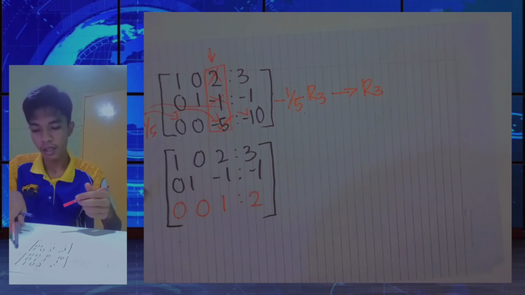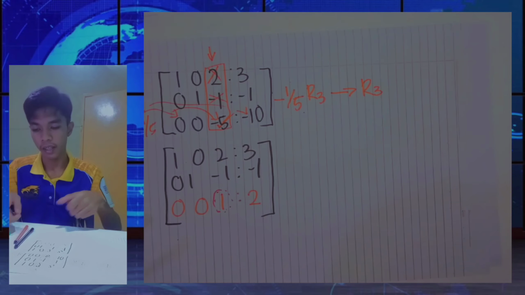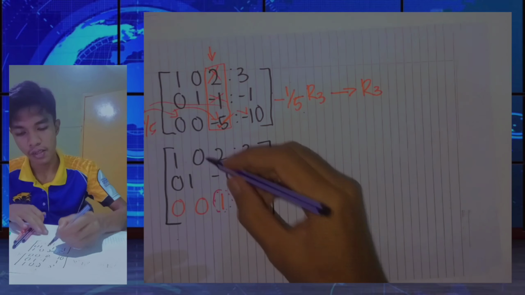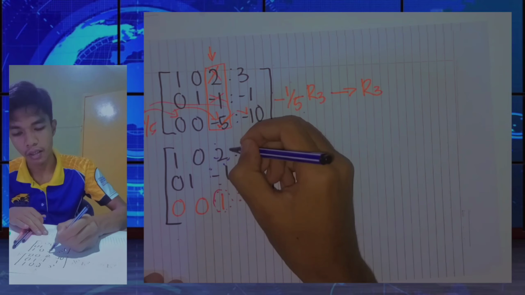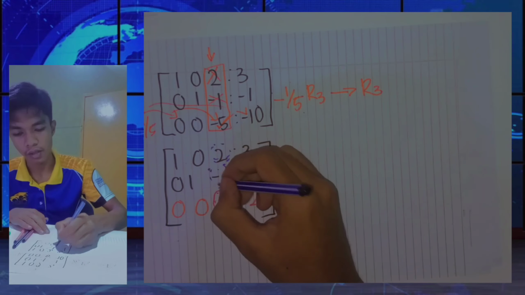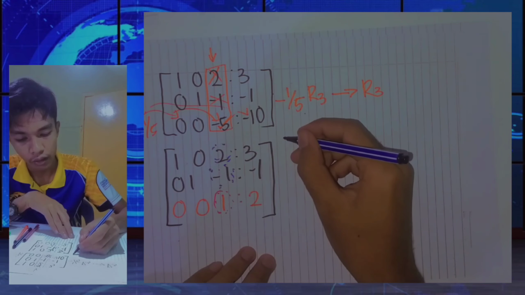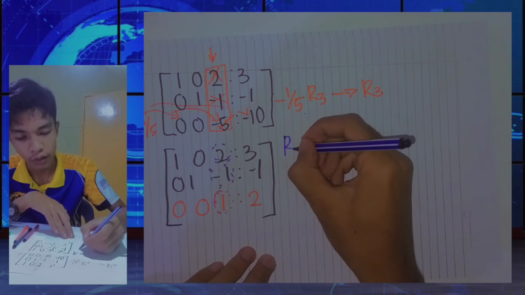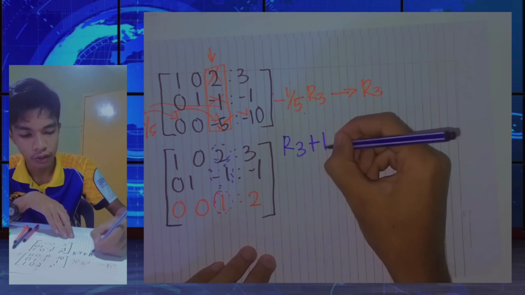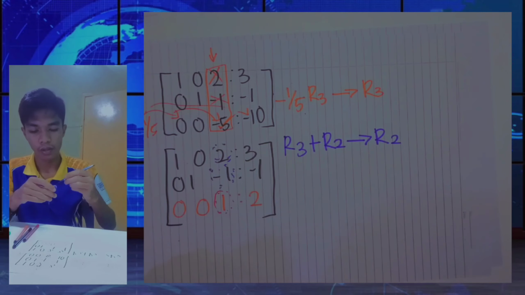So see, we already get the leading one here, and the remaining problem is to eliminate these numbers and this one. So we will eliminate this one first. The operation we need is to add row number 3 plus row number 2 and put the answer in row number 2.